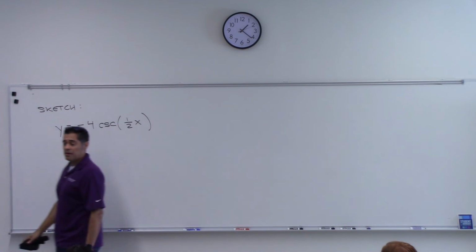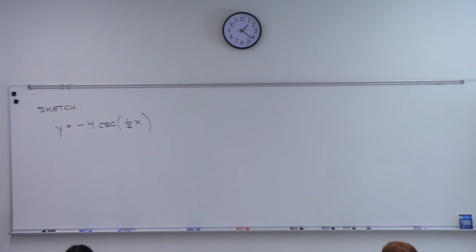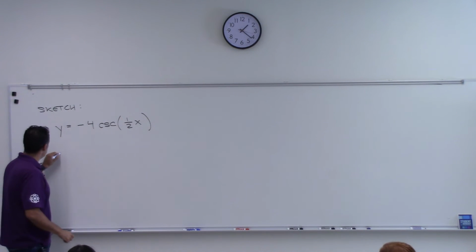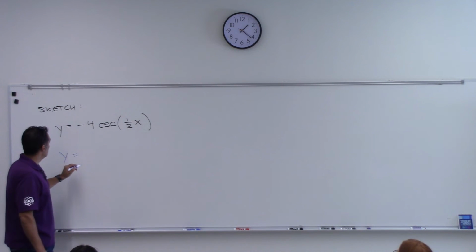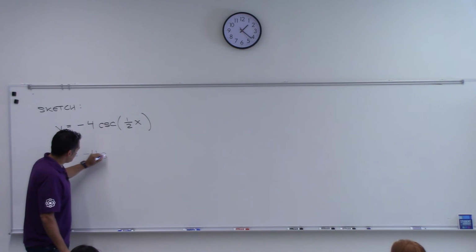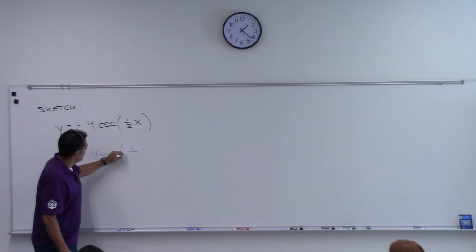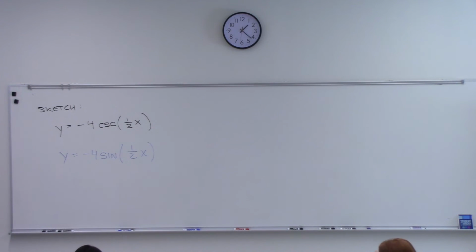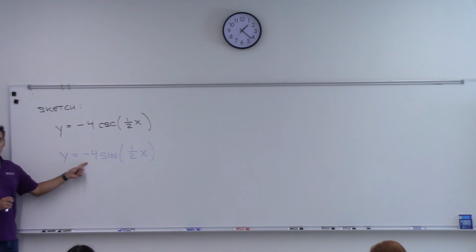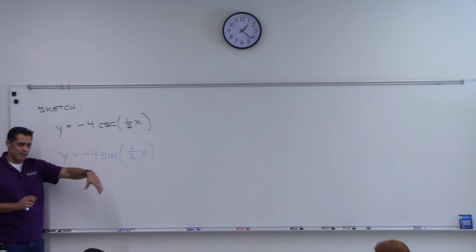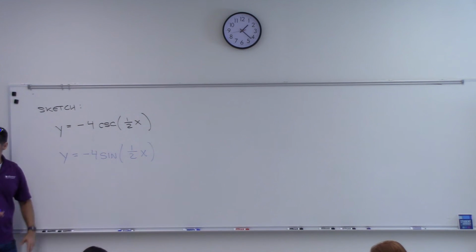So what I'm going to do here, in order to do this problem, is, instead of looking at this, I'm going to look at the graph of -4 sine of 1/2 x, like that. I'm going to draw this graph, and then I'm going to just throw the u's on the top and bottom. Does that make sense? That's all I'm going to do.